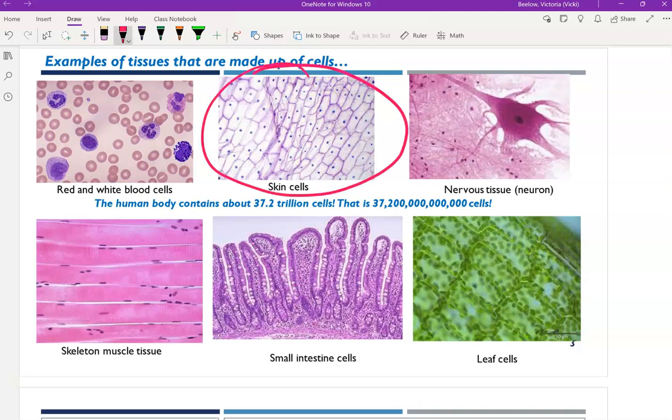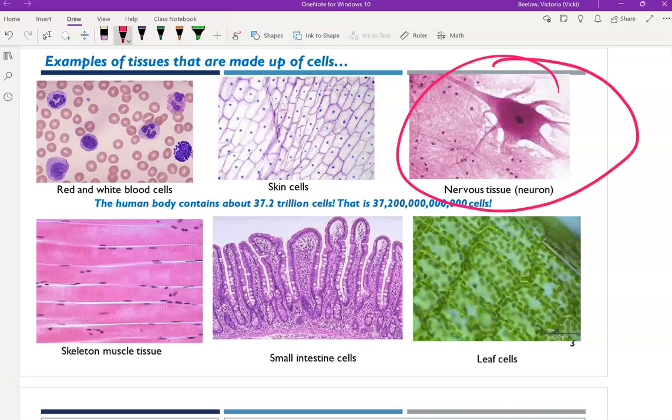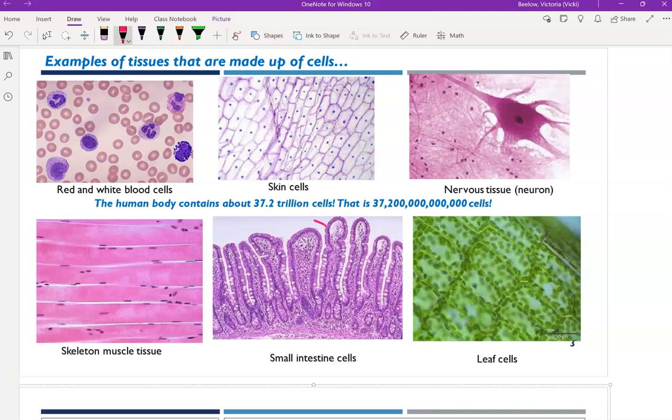Here we have some skin cells, nervous tissue neurons like brain cells, things like that. Skeletal muscle, so when you think of muscle in your arms, for example, that's skeletal muscle. Your small intestine is lined with cells. And then this is from a plant, so a non-animal example.